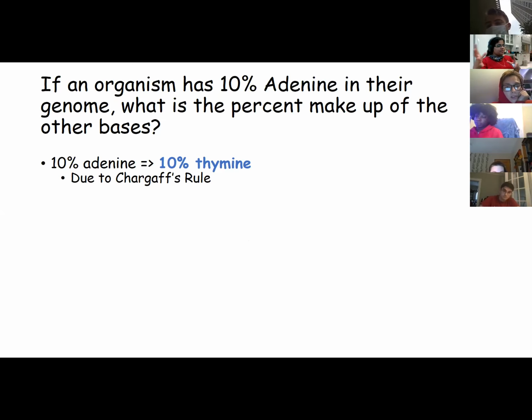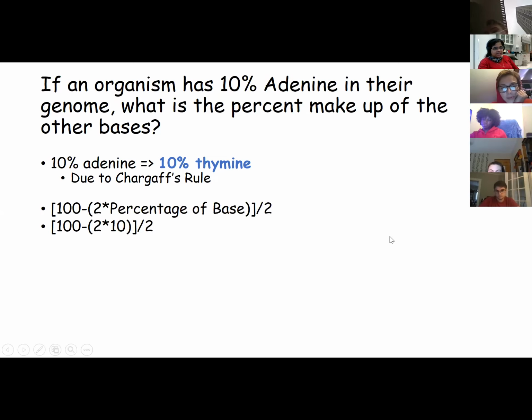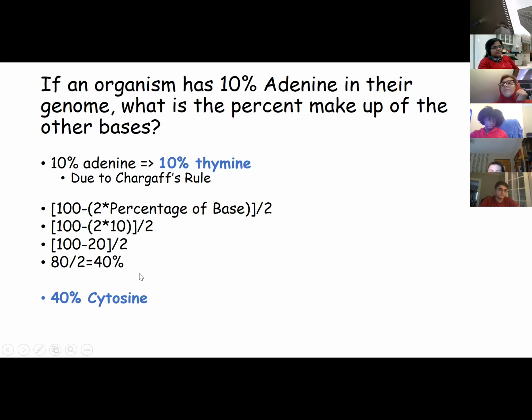Adenine is proportional to thymine, cytosine is proportional to guanine, and that's how they figured out that they pair with each other. So in this case, like Christine said, we have 10% adenine, so it ends up with 10% thymine. The remaining is about 80%, and you get 40 for cytosine and 40 for guanine. Does that make sense?